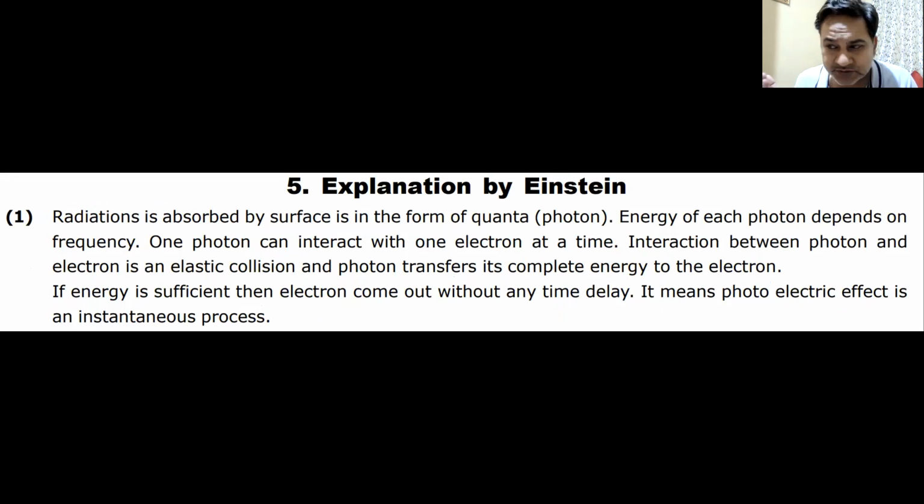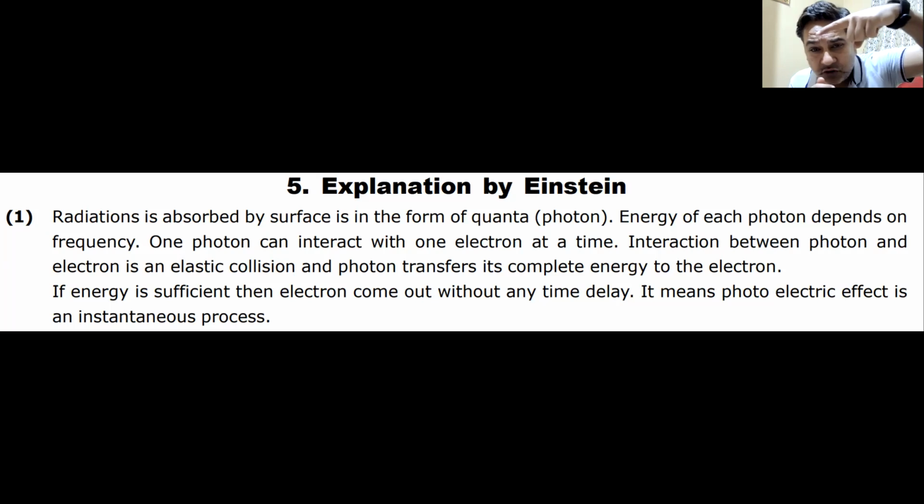Why is it an instantaneous process? One photon strikes one electron. It transfers its energy immediately, and immediately the photoelectron is emitted, and that is why it is an instantaneous process.